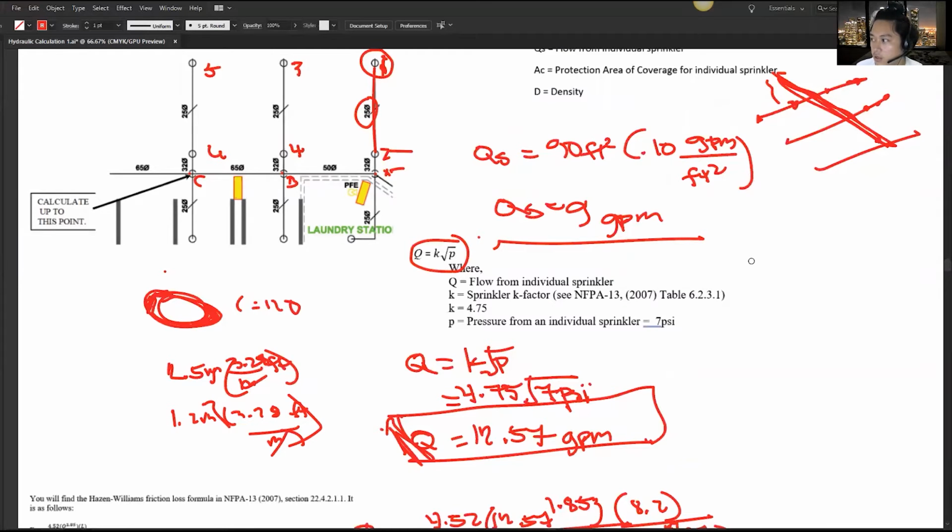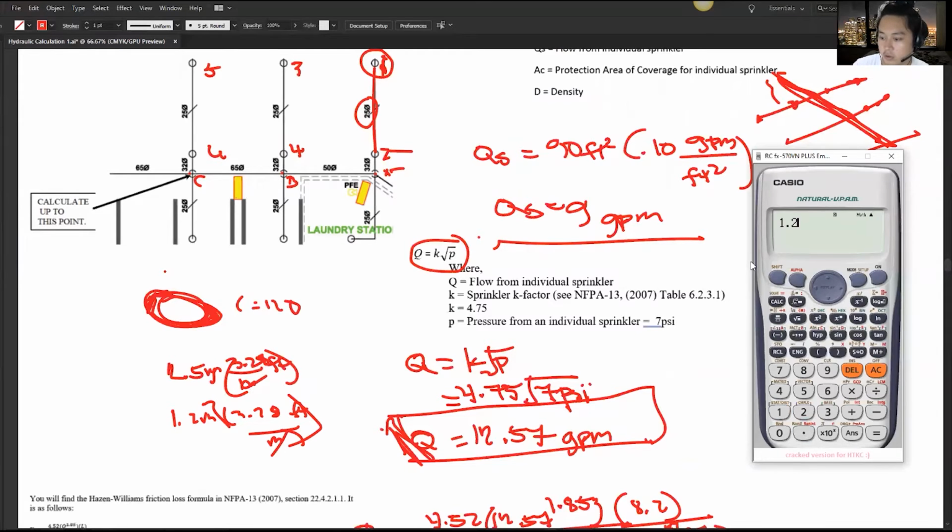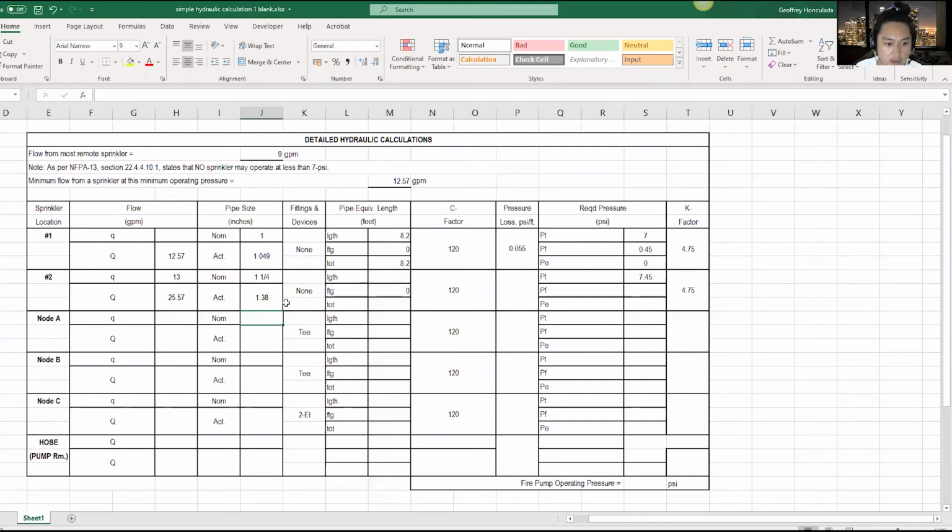So 1.2 by 3.28 is 3.936. So the total length is only 3.936 feet.